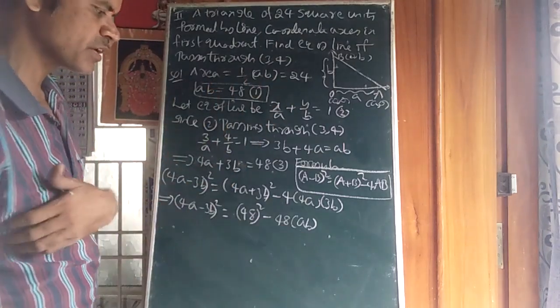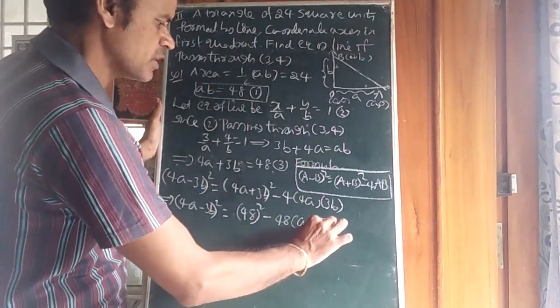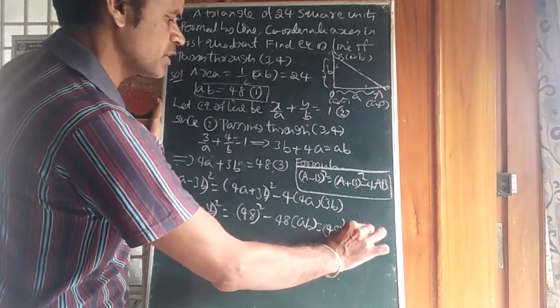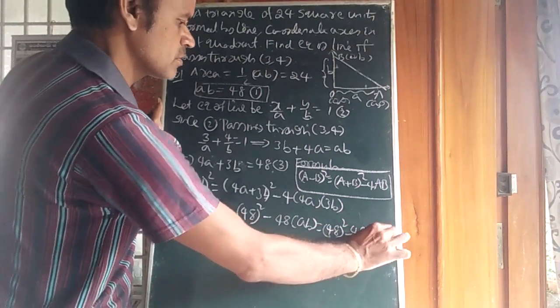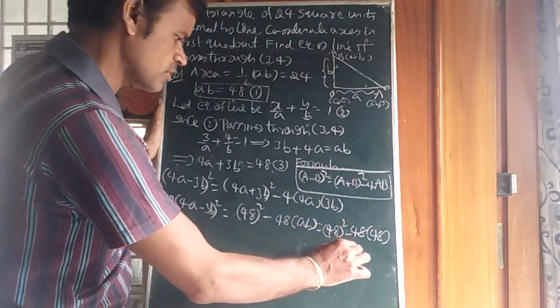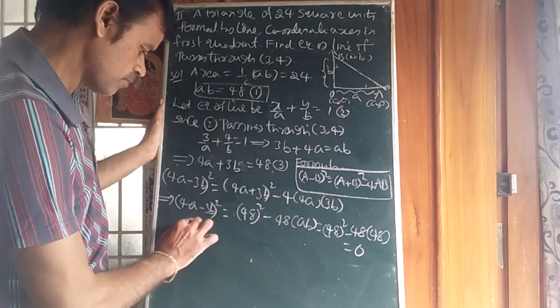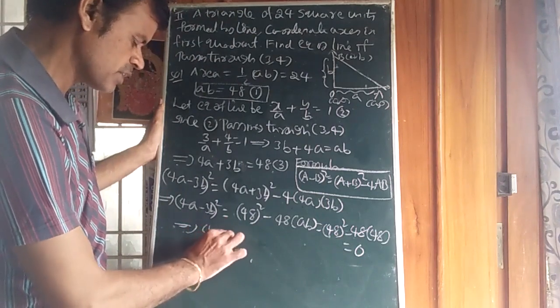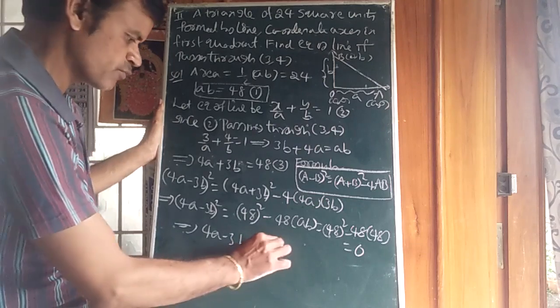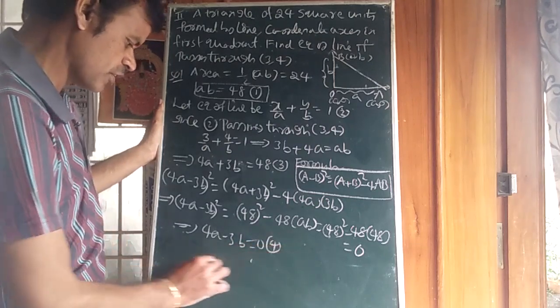So 48 into 48. Directly you write 48 whole square minus 48 into 48. 48 whole square minus 48 whole square becomes 0. That implies 4a minus 3b equal to 0. This is the fourth equation.